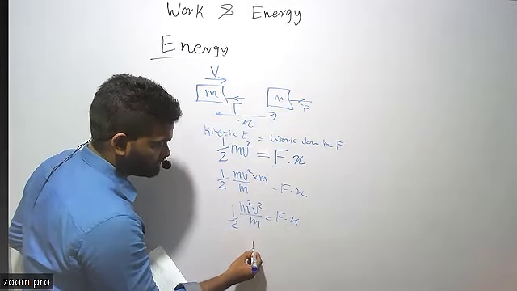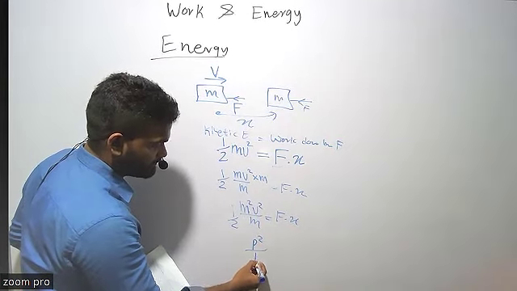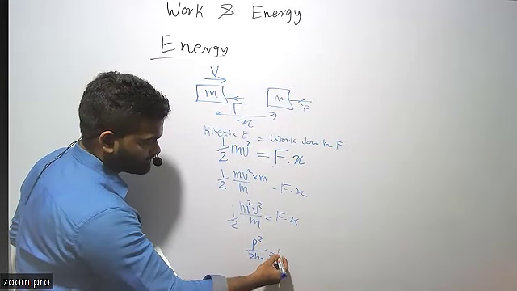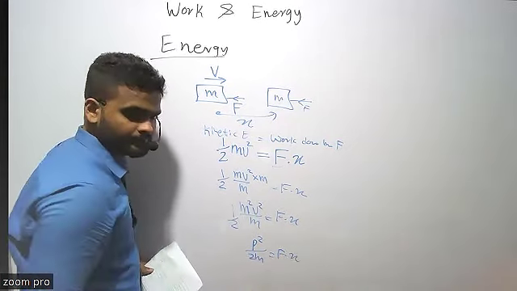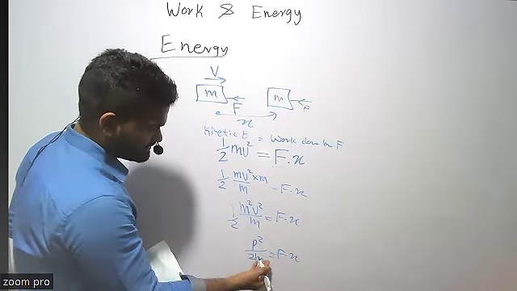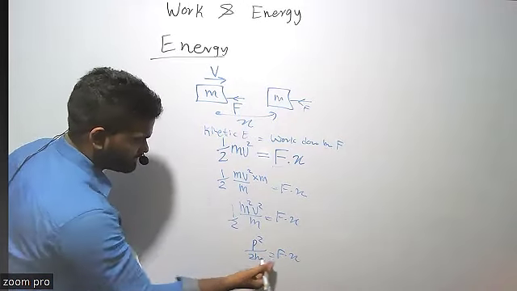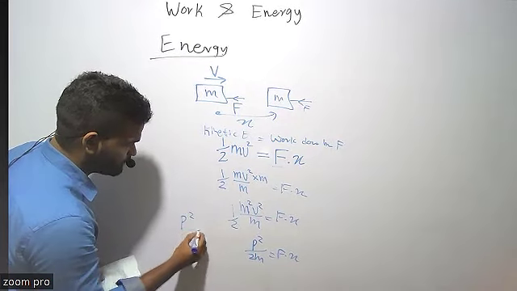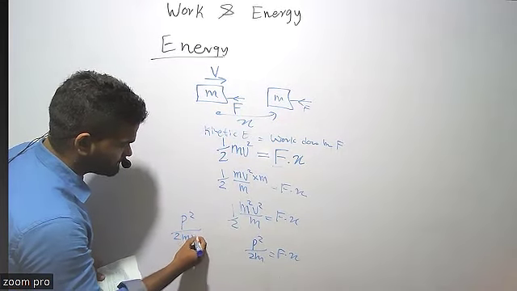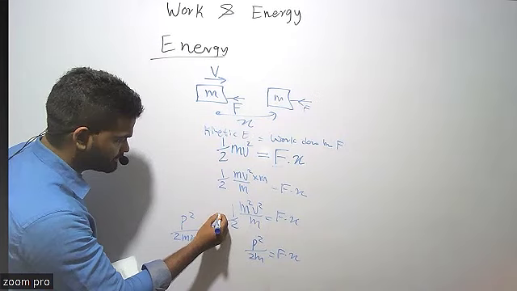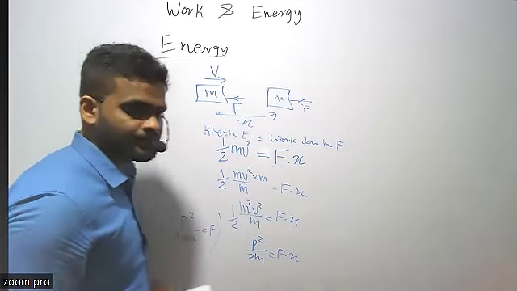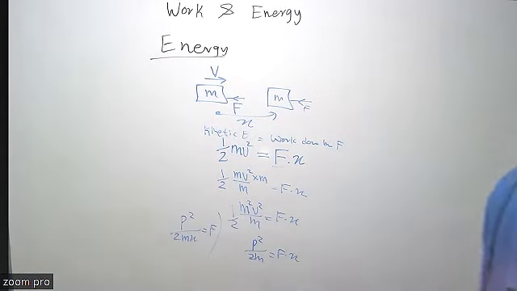P squared, right? P squared divided by m. This is Fx. Then cross multiply x to this side. So it becomes p squared divided by 2mx. So this is the resistive force in terms of momentum.